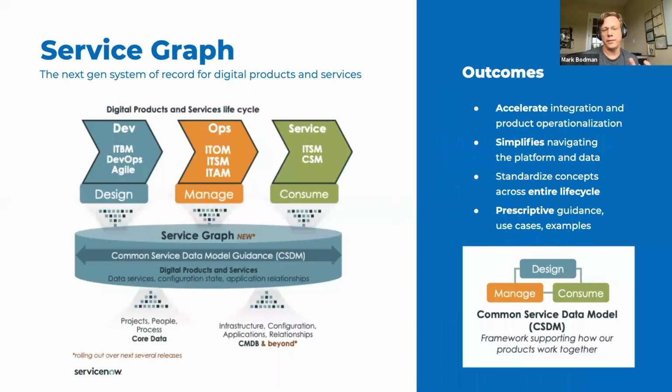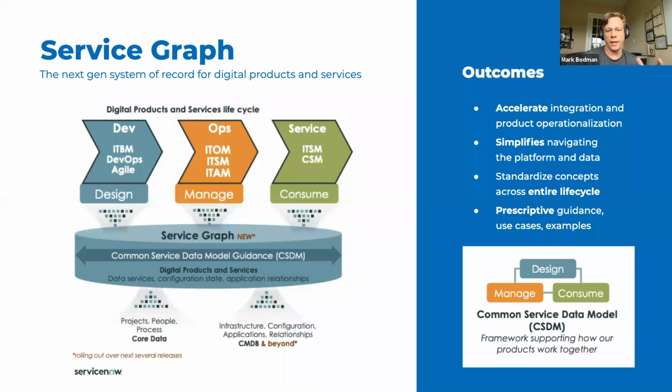And how this ties into the CSDM topic for today is that the three areas that Service Graph focuses on, development, operations, and service management, are represented in the model. So you're going to see one color represent design, things that are more conceptual in nature, where you do your design work and planning work.